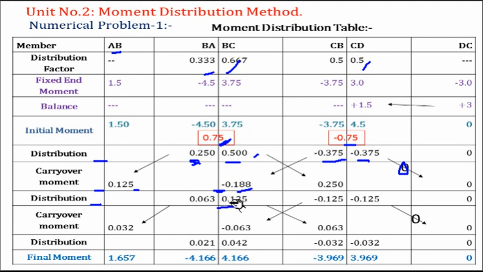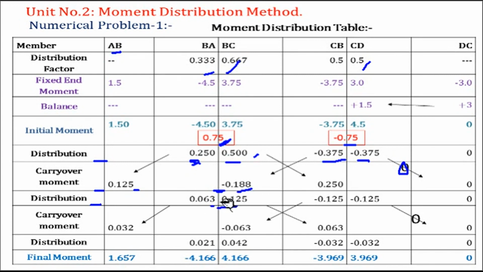Okay, so after doing the carryover we have this moment. So again you have to find out distribution factor. So once you have distribution factor, by simply multiplying this moment 0.188 by the distribution factor, you will get distribution moment.